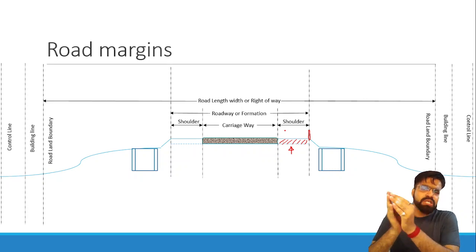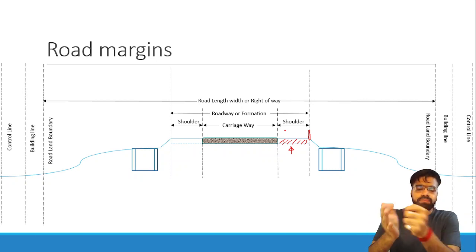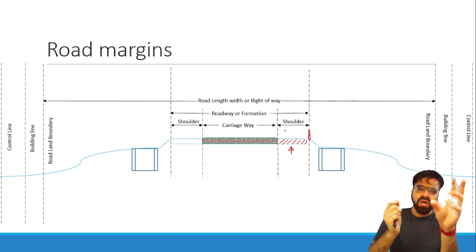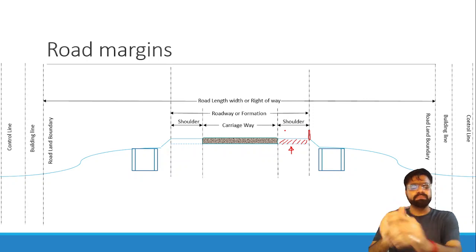The slope is provided based on the type of pavement and the rainfall condition. The rainfall condition for the carriageway will be the same for the shoulder also. So for the shoulder, it will have a 0.5% steeper camber, and the minimum camber provided will be at least 3%.